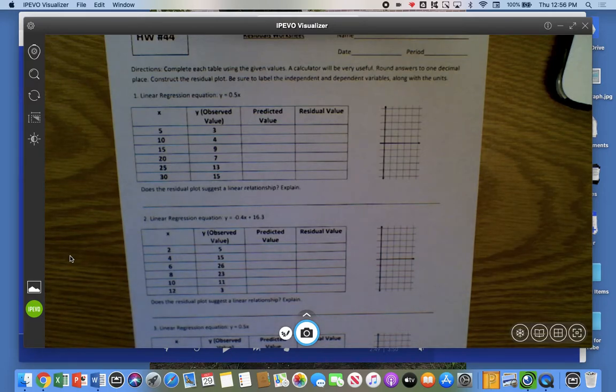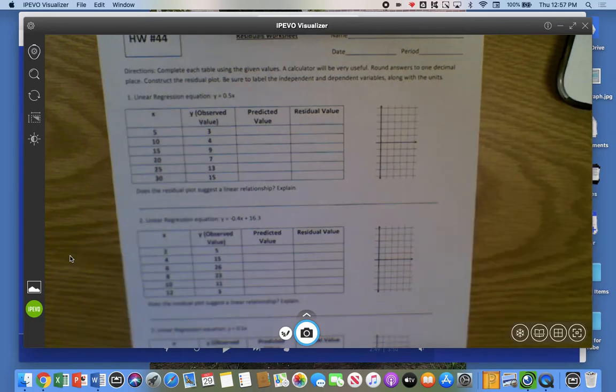So today we are actually going to do residual plots. We're still going to do the residual tables like we were doing on the graphing calculator before you were all gone. Here we have observed values and our x's, and I'll explain what this plot is in just a second.